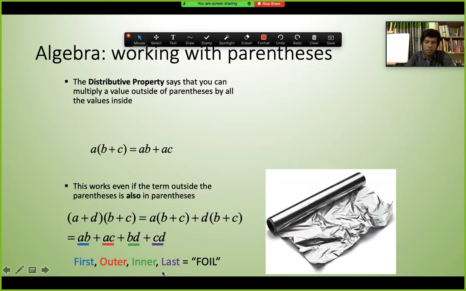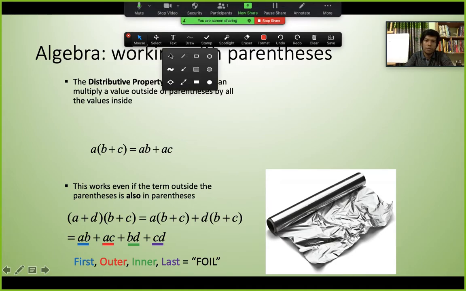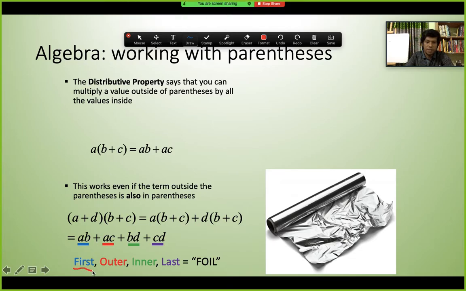This is called the FOIL method of multiplication. We multiply a into b and c first, then d into this thing, then we get some solution. If anyone is interested, FOIL comes from first, outer, inner, and last.